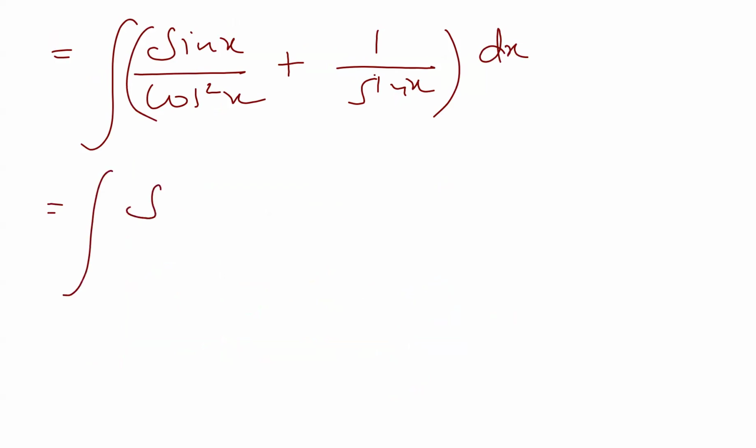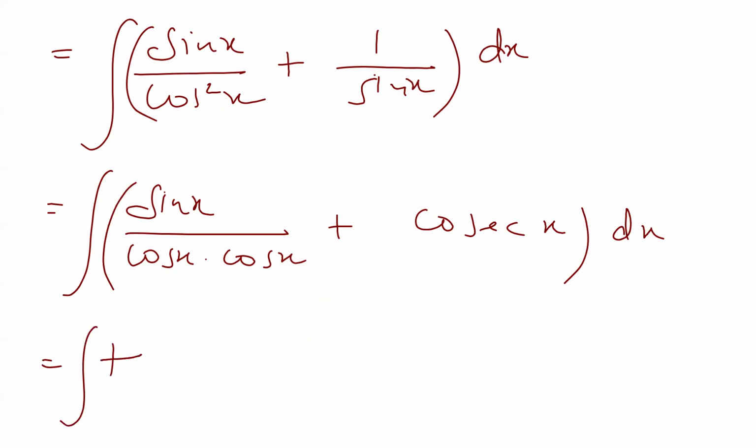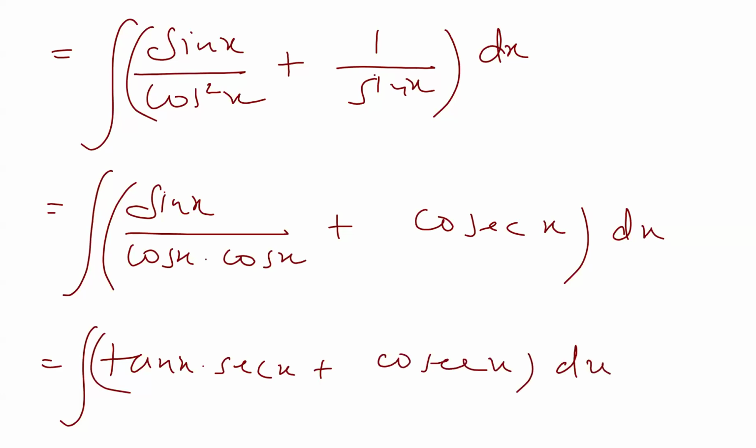Now this can be written as sin x upon cos x into cos x. This was taught to you in Indef 1, and this is cosec x. So now this is tan x into sec x plus cosec x dx.